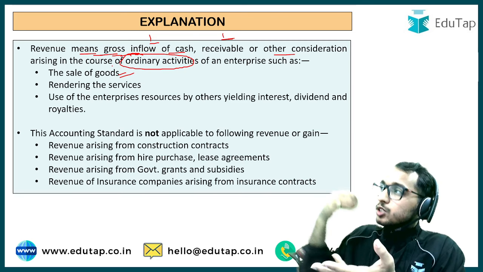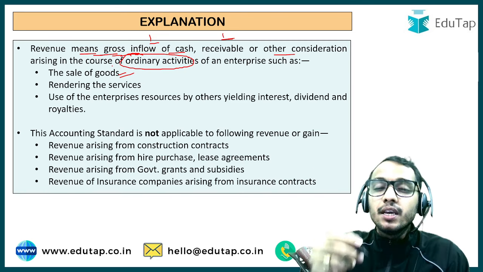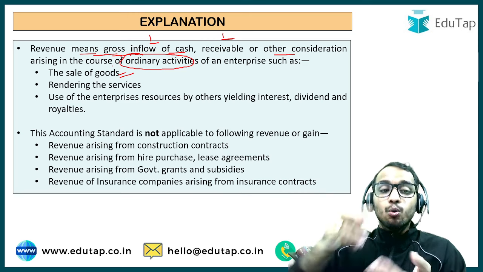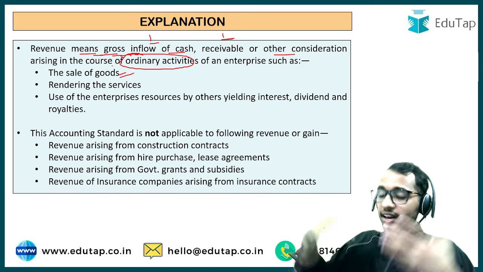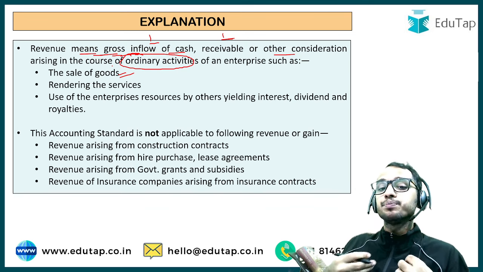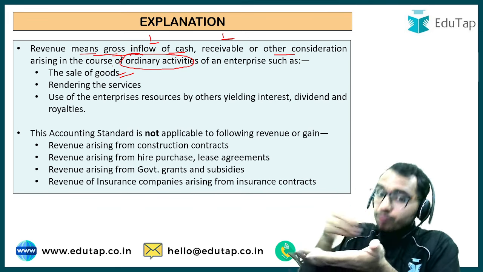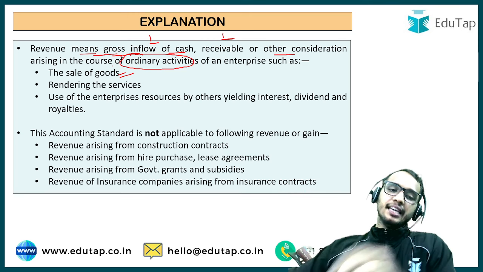Whatever services you are rendering, whatever revenue you are generating, the timing of it will be dealt under AS9. Whatever enterprise resources you are giving to another party, to a third party, to generate interest or dividend or royalty, the timing of that will be covered under AS9.